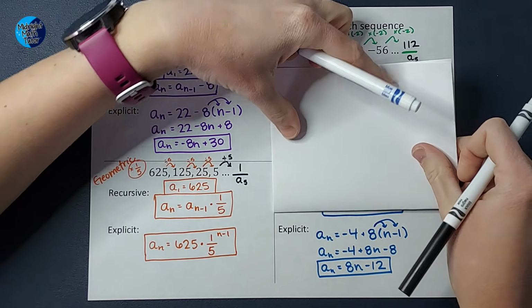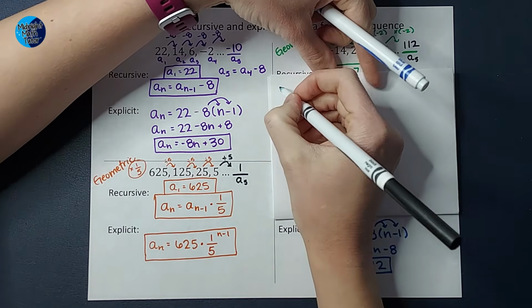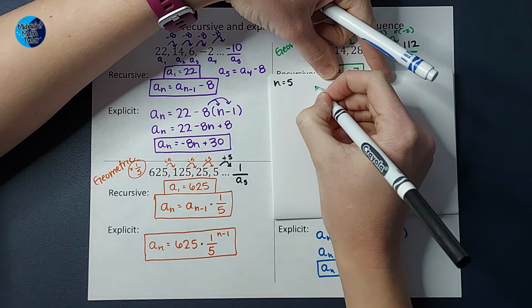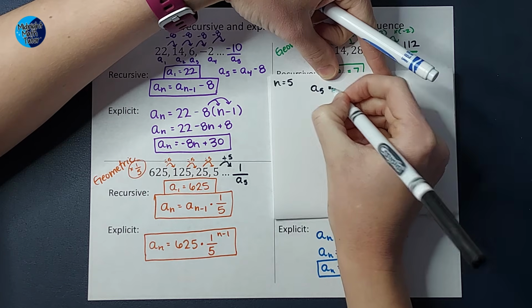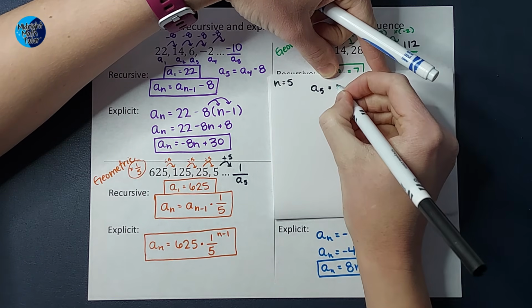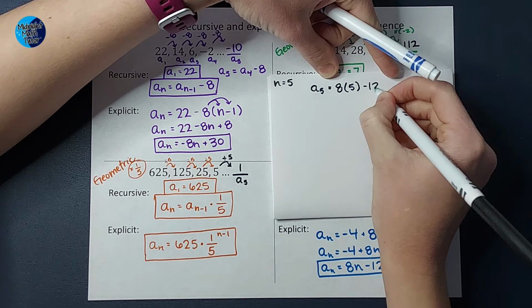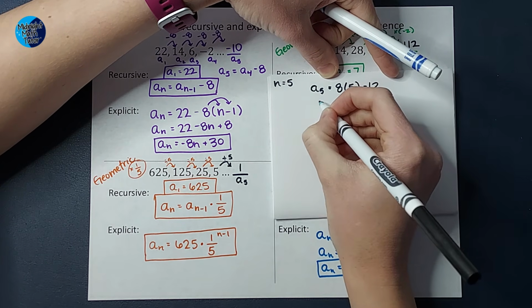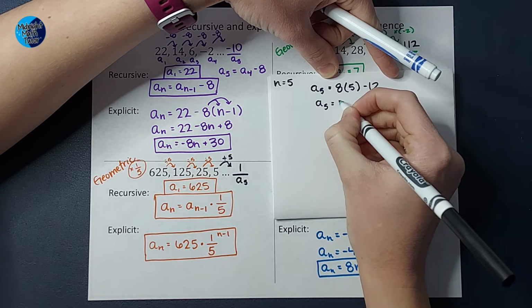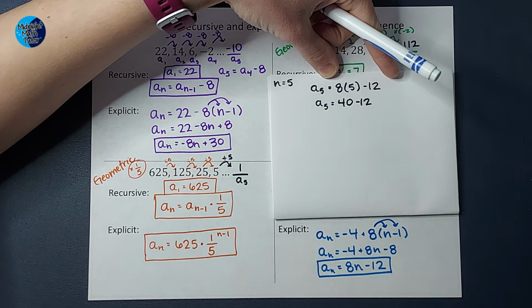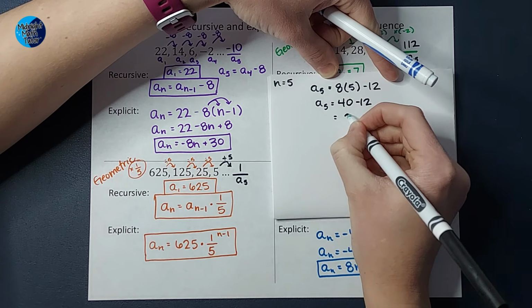Okay, so I want to know the 5th place. What number is in the 5th place? So a sub 5 equals 8 times n, which is 5, minus 12. Okay, so then I get a sub 5 equals 40 minus 12. And guess what 40 minus 12 is, guys? 28.